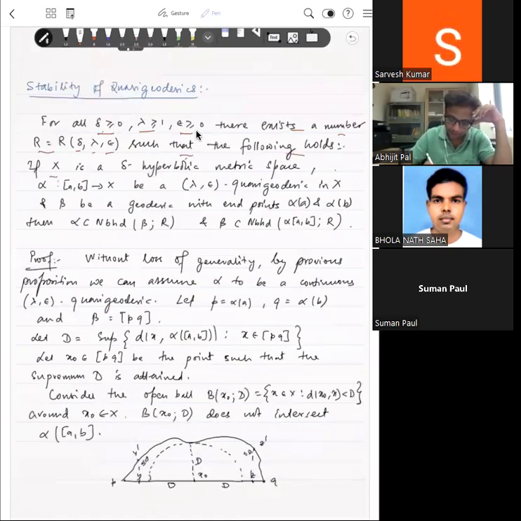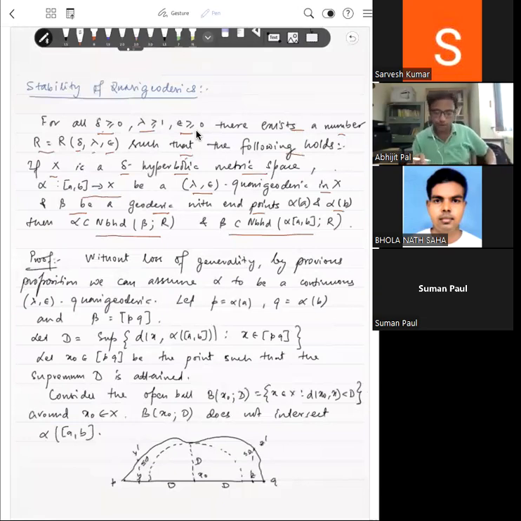If X is a delta hyperbolic metric space, alpha is a lambda epsilon quasi-geodesic in X, and beta is a geodesic with endpoints alpha A and alpha B, then alpha lies in an R neighborhood of beta and beta lies in an R neighborhood of alpha. So both of them lie in an R neighborhood of each other.